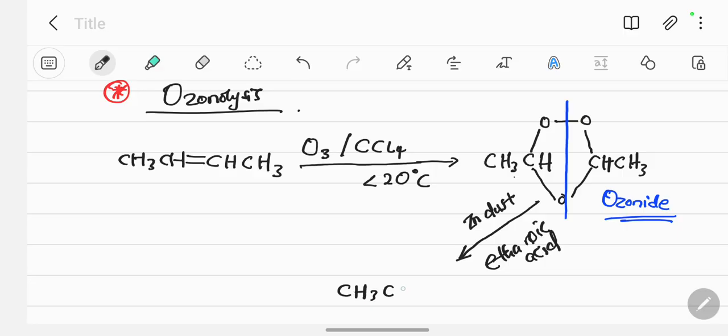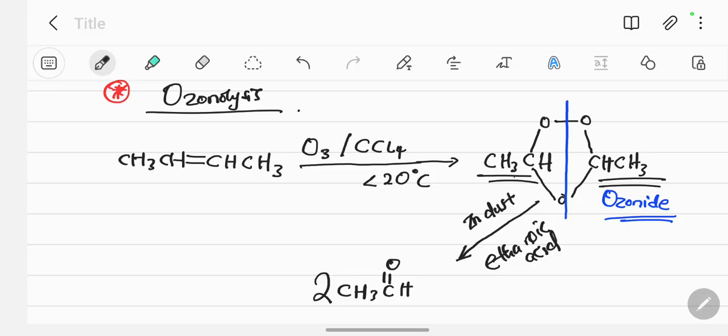See, double bond O, like that. But since the carbon atoms this side are equal to the carbon atoms that side, I'm going to give it a 2 there, because we are forming two carbonyl compounds that are similar.